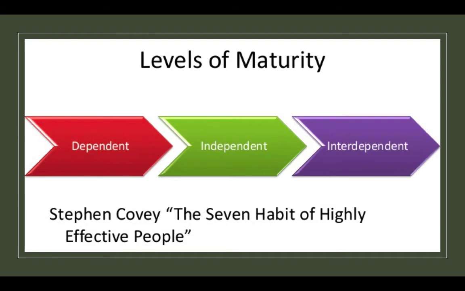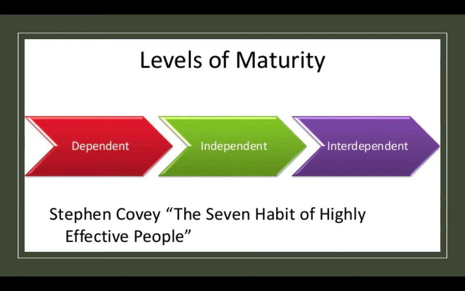So this is from Stephen Covey's 7 Habits of Highly Effective People, and it says that there are 3 different types of behaviors that you will have in a relationship. You will either be dependent, where you need the other person to help you make decisions, to determine what to do. You need someone else to be for you. The next category is independent, and that's where you think just of yourself and what you want and what the impact has on you.